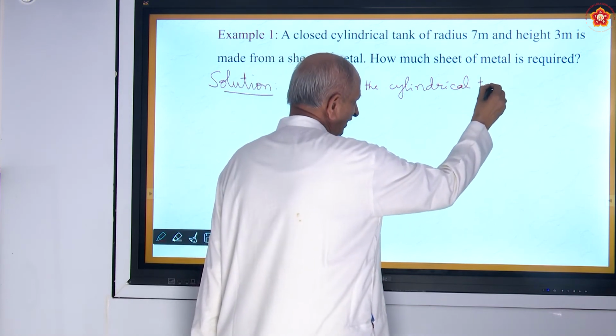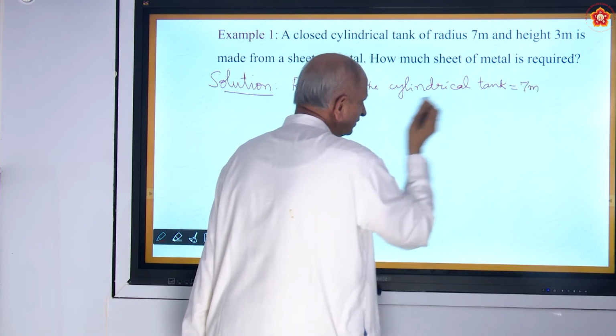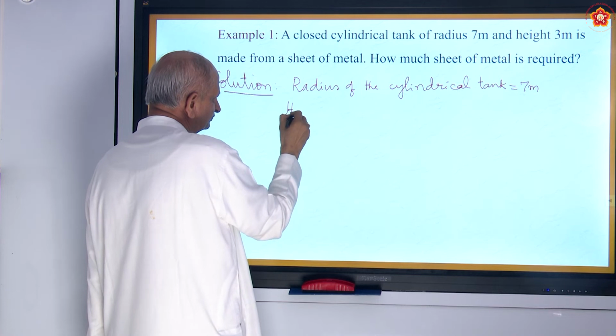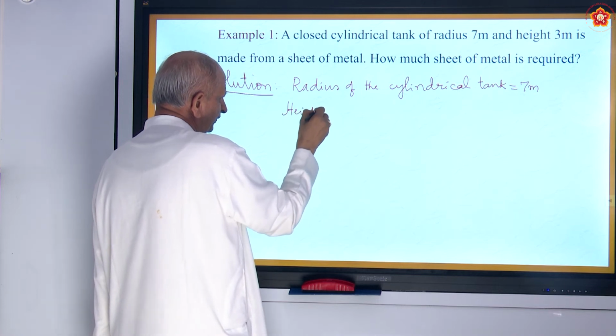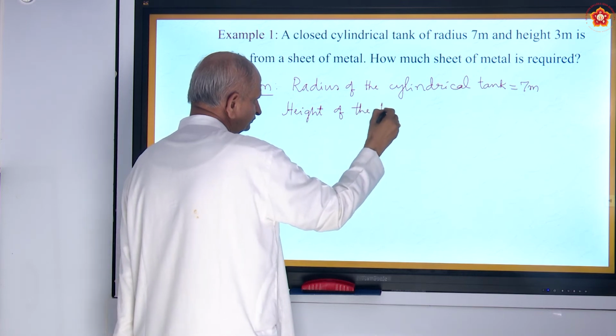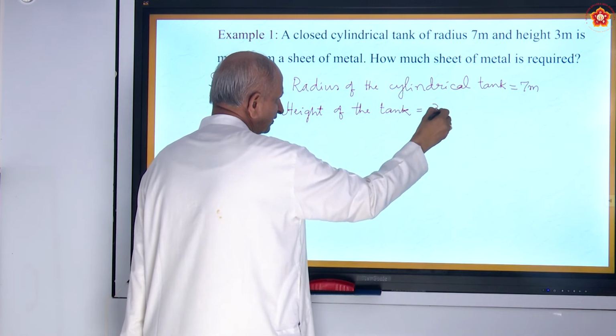Usually it will be cylindrical. The radius is equal to 7 meters, and the height of the tank is equal to 3 meters.